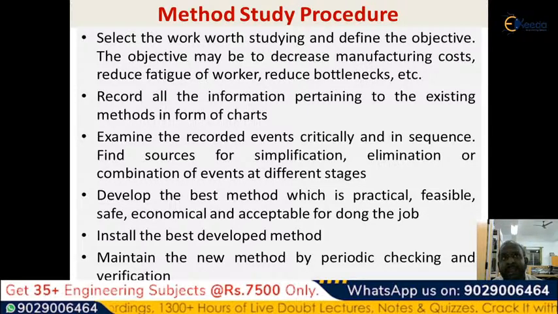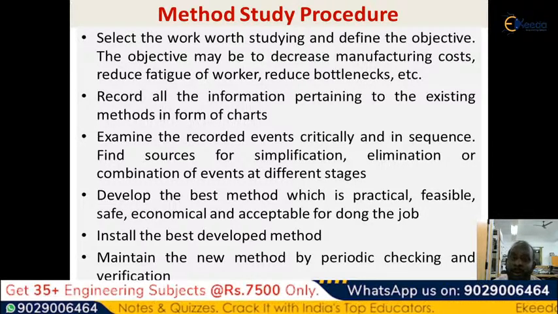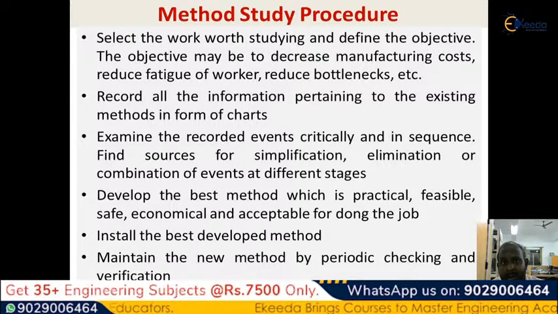So if you are selecting a process, what are you going to optimize: your timing, the efficiency of a worker, or the cost? So you have to select the work or the process and its parallel objective. Then you have to go for a survey. Survey means you are going to record all the information.